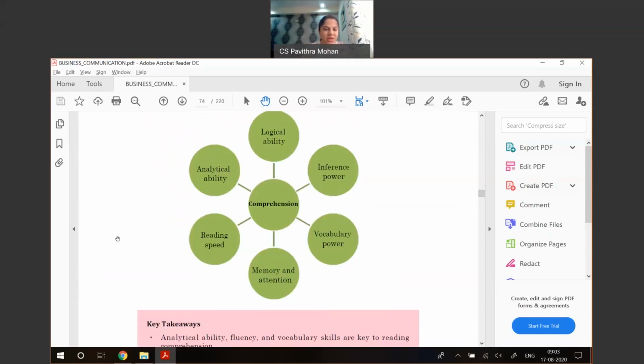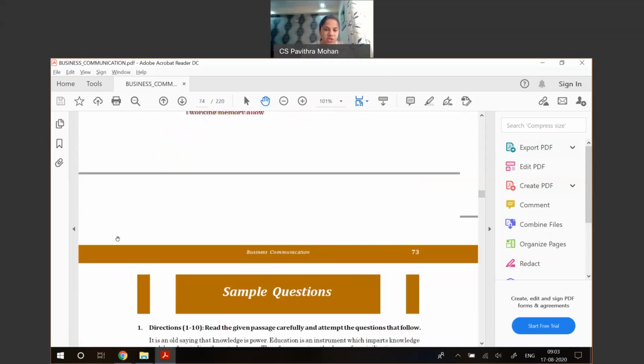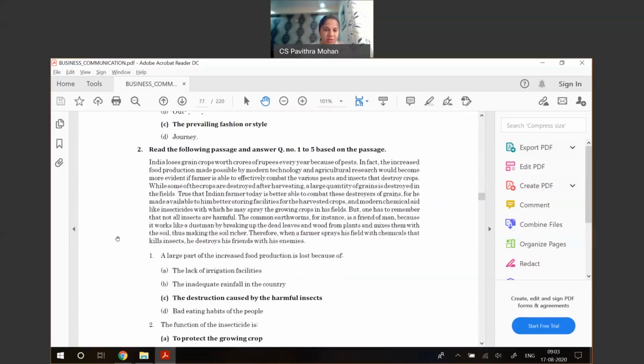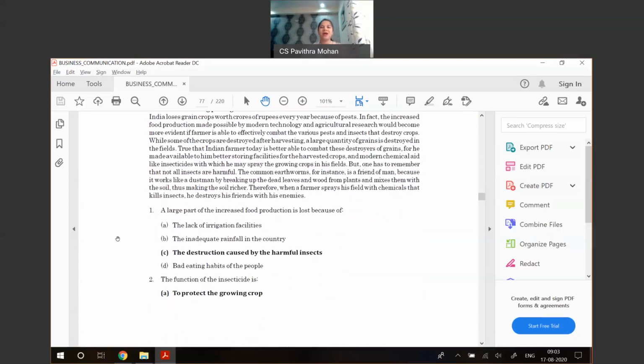So the same content they have given in a passage. I'll just take up one passage, might be the second one is easier. I'll go through this passage for your understanding, so it'll be easier for you to interpret. India loses grain crops worth crores of rupees every year because of pests. In fact, the increased food production made possible by modern technology and agriculture research would become more evident if the farmer is able to effectively combat the various pests and insects that destroy the crop.